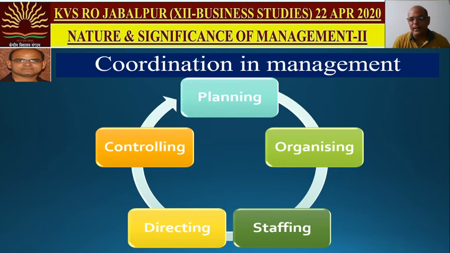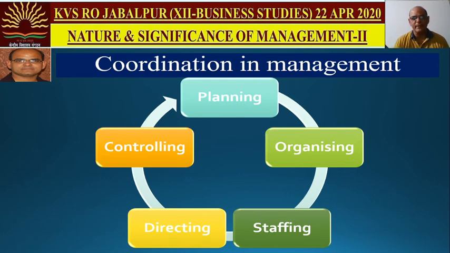Then coming to organizing. Organizing means grouping of activities, departmentalization, and establishing a reporting relationship. In the definition itself, it is very clear that in organizing, what we do is we try to establish a coordination between various levels, people working at various levels.